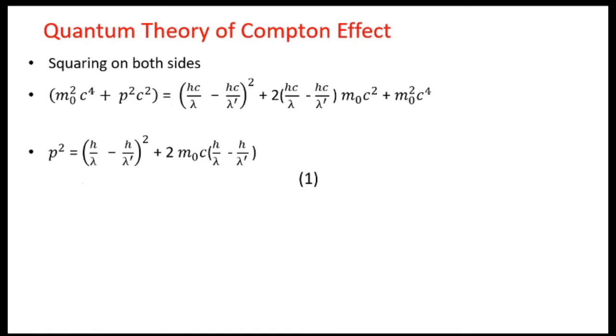And if you make the rearrangement, the term m0 square c raised to the power 4 will get cancelled with this term, and after taking c square common, you get equation 1, that is p square is equal to (h upon lambda minus h upon lambda dash) whole square plus twice m0 c (h upon lambda minus h upon lambda dash).